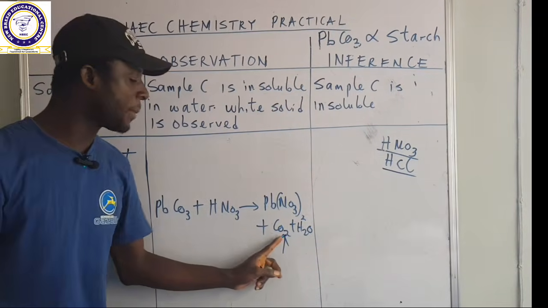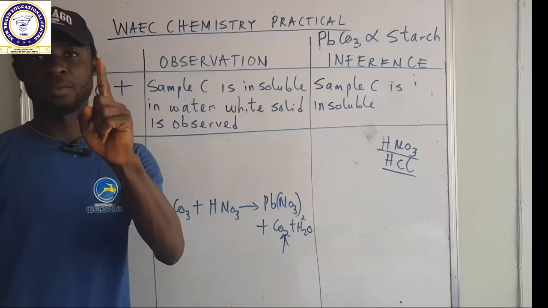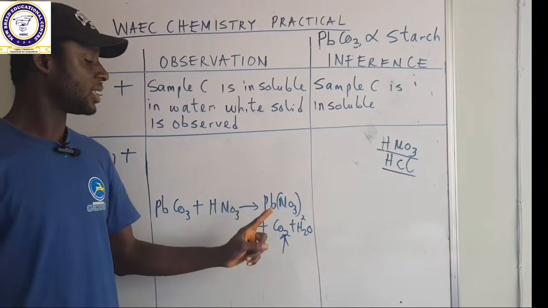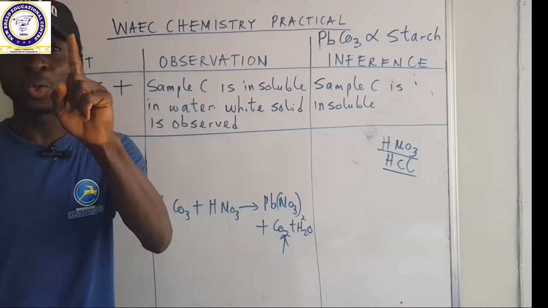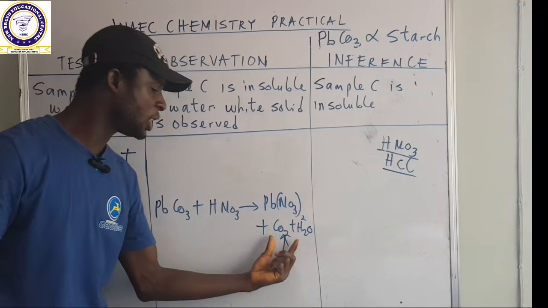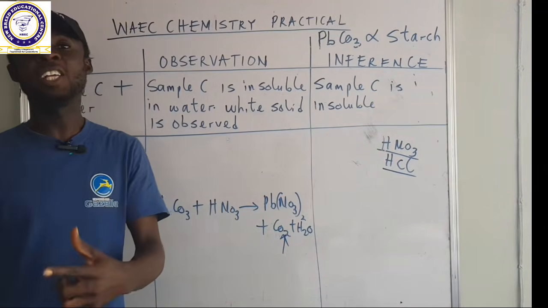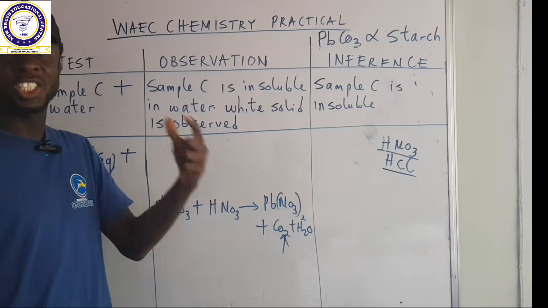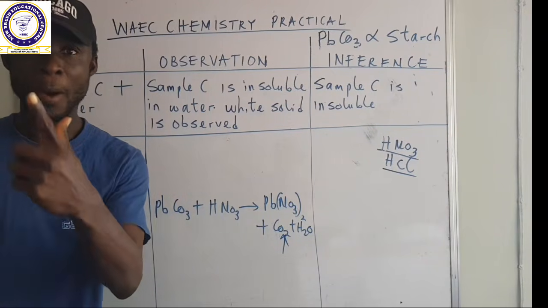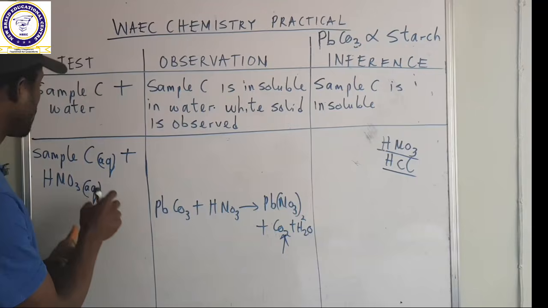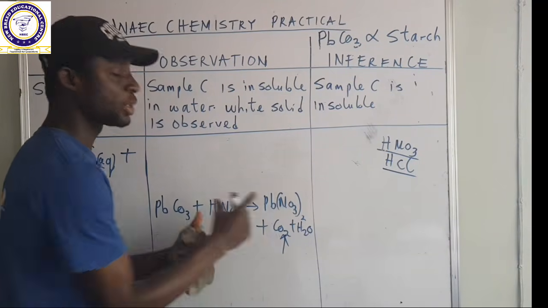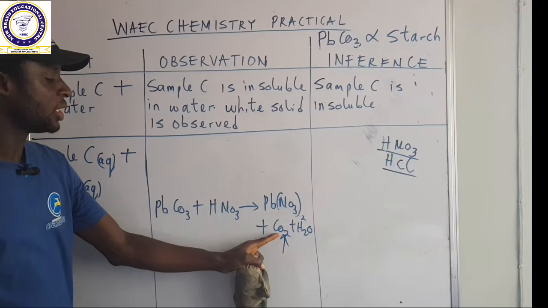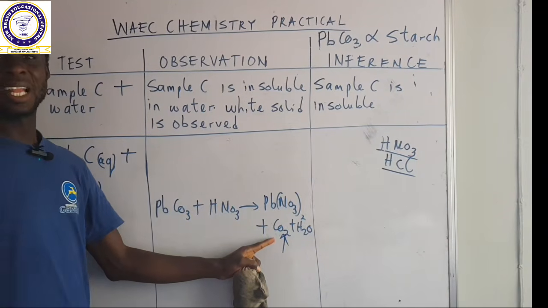Know that anytime CO2 gas is released, it's coming from an ion, which is CO3 2-, because your CO2 can either come from HCO3- or CO3 2-. That means that in the course of this reaction, as this lead nitrate becomes soluble, your CO2 gas is going to be liberated.